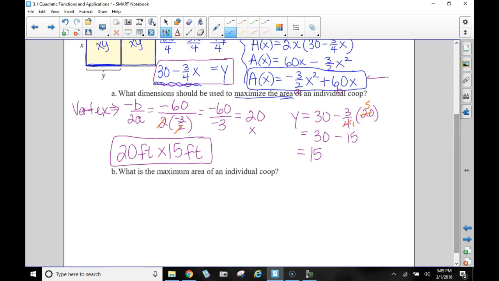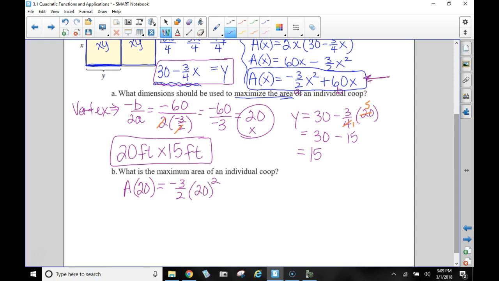Or we can go back up here to our area function. This is going to be a little bit more, we're going to get 300, but there's 2 different ways to do it for the maximum area. How about we say, well, what's the area when x is equal to 20? So the area at an x value of 20, which is the width of each of these coops, is going to be negative 3/2 times 20 squared.